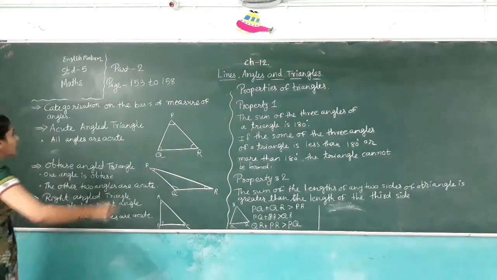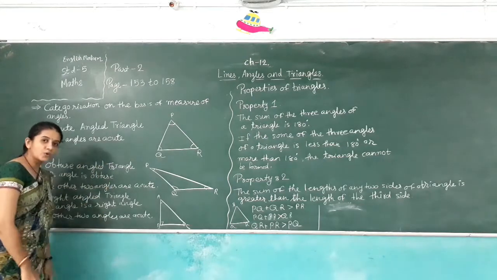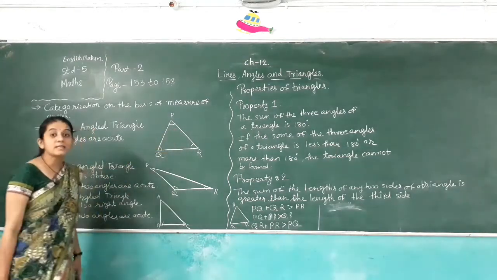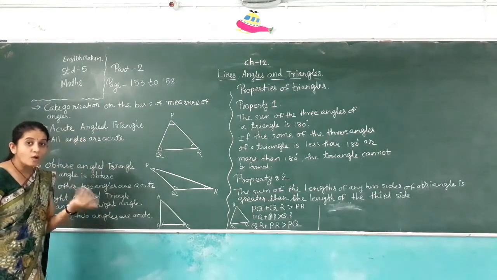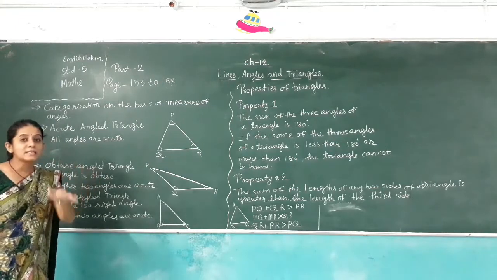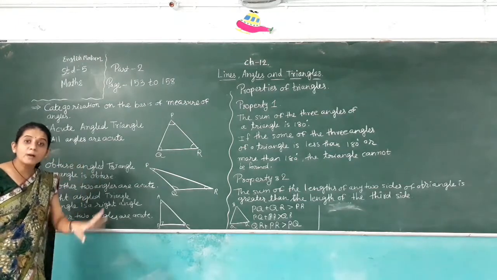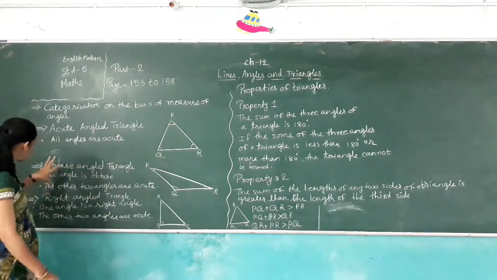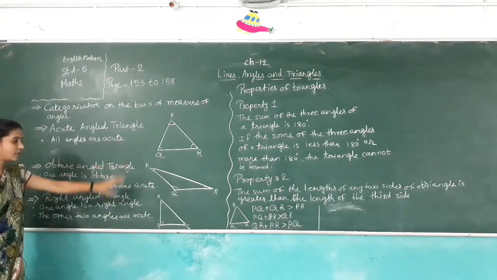Again one time, acute angle triangle. Acute angle triangle means what? All angle measurements are more than 0 but less than 90. This type of triangle is called an acute angle triangle. Again, obtuse angle triangle.